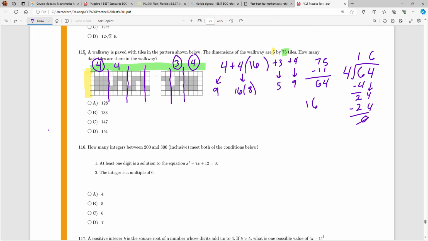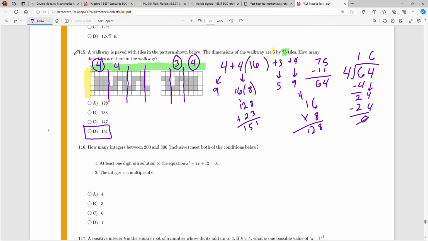And 16 times 8: 8 times 6 is 48, 8 times 1 is 8, 8 plus 4, 128. So I've got 128 plus 9 plus 9 is 18, plus 5 is 23, plus 23, 8 plus 3, 11, 2, 4, 5, 151. So the answer is D.